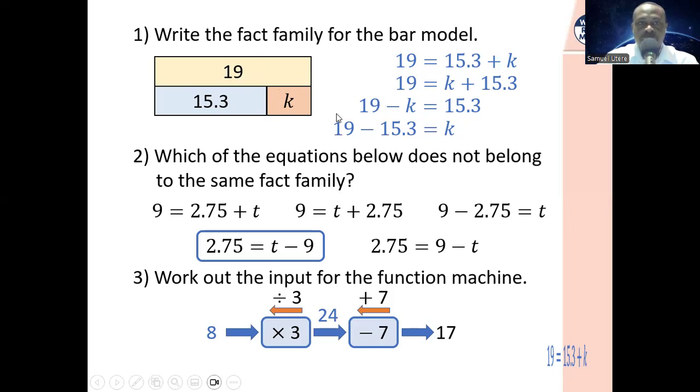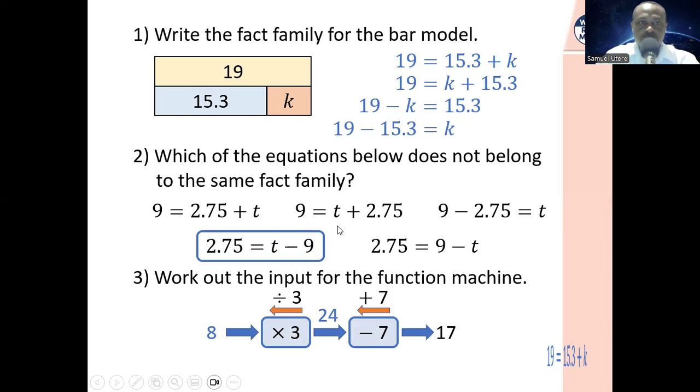And then the other fact is, if we slice this bit off from the 19 bar, which we can write as 19 minus 15.3, we're going to get K. So these are all the fact families. This is the fact family for this bar model. And of course, if you understand this one, you can write fact families for addition and subtraction for most bar models.